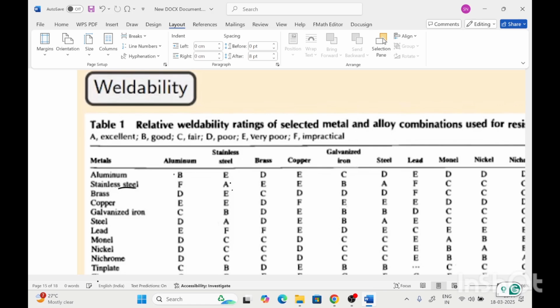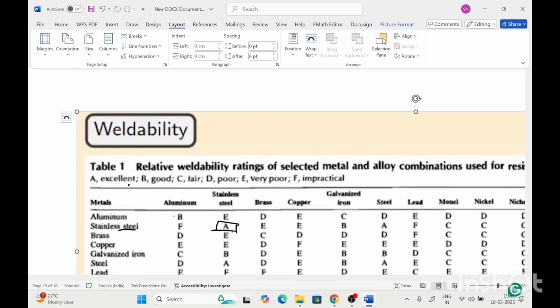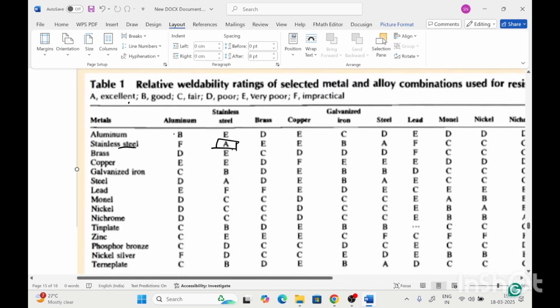Stainless steel has the A ranking, meaning excellent spot welding can be done with steels. For other alloys the ranking varies depending on the joint strength.